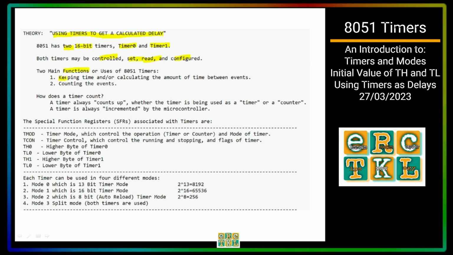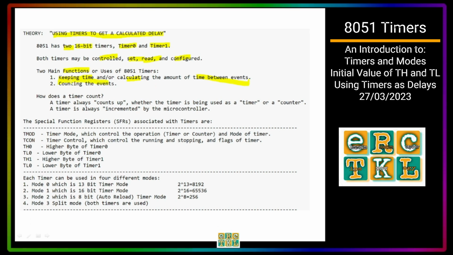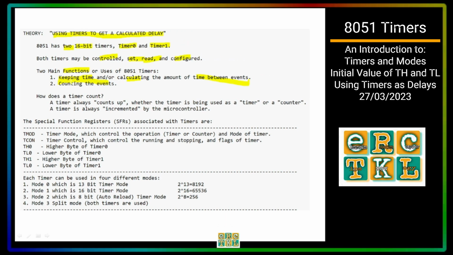One is to keep the time, or to calculate the amount of time between the events, and another one is by counting the events. So that's why number 1 is a timer and number 2 is a counter. Okay, but it's still called timers, but timers have two functions. It can be a timer, it can also be a counter.